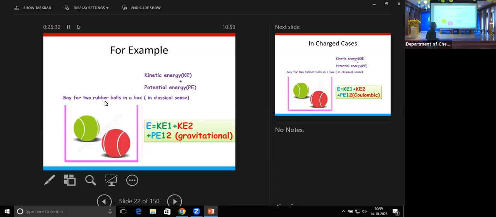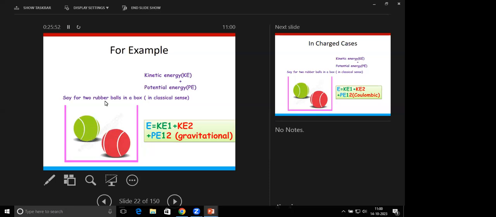I have two rubber balls in a box. So the total internal energy of the system is kinetic energy plus potential energy. For the two rubber balls in the classical sense, that is KE1 plus KE2 plus PE12, the interaction between these two, that is the gravitational energy.